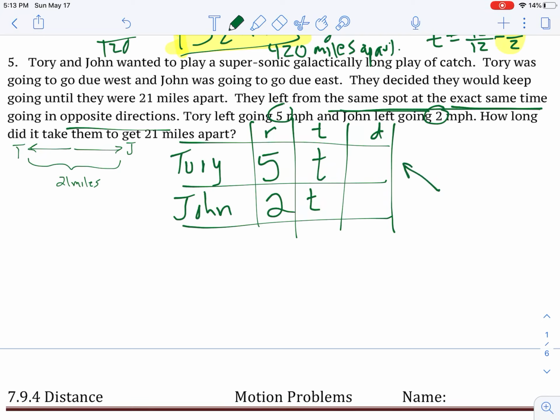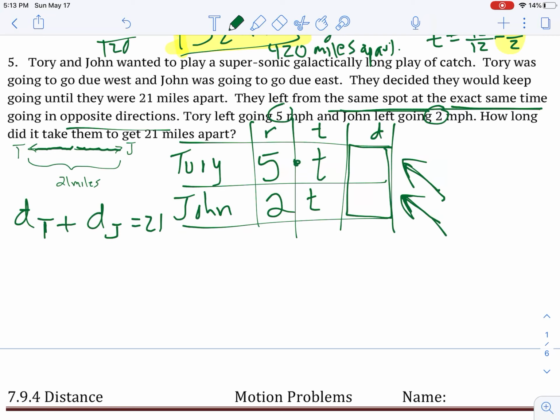Notice, friends, I am not putting 21 into here because Tori is not traveling 21 miles. Neither is John. Instead, the distance of Tori plus the distance of John is going to equal 21. So no, do not put 21 in here. Where you get this cell is from multiplying these two, because distance is rate times time.